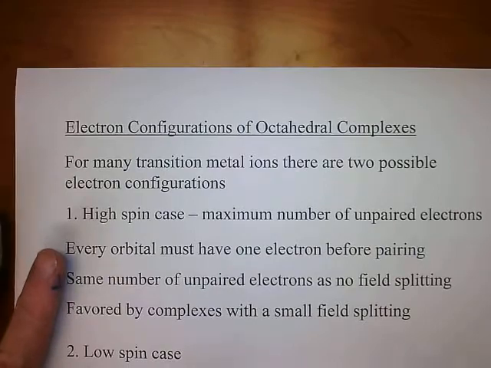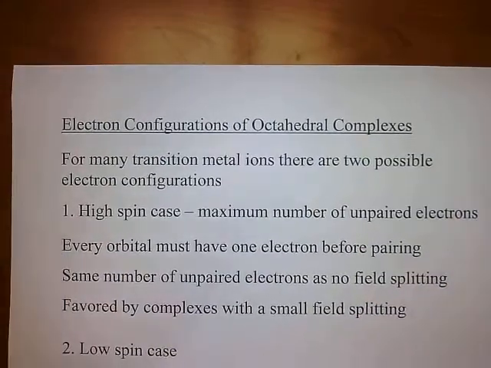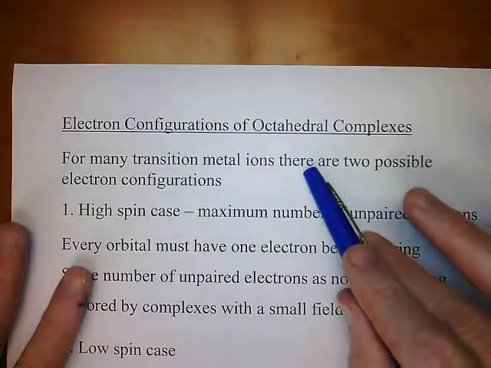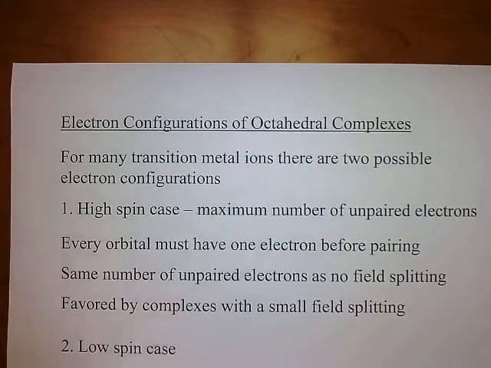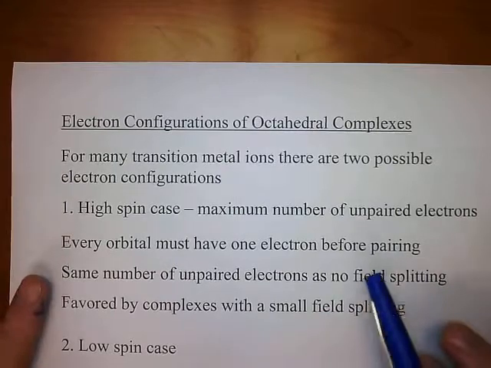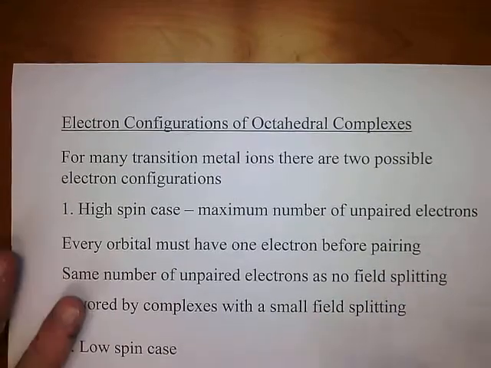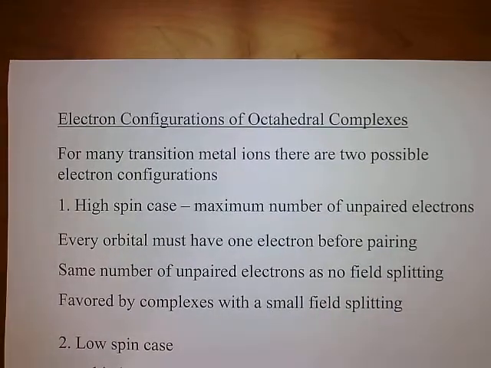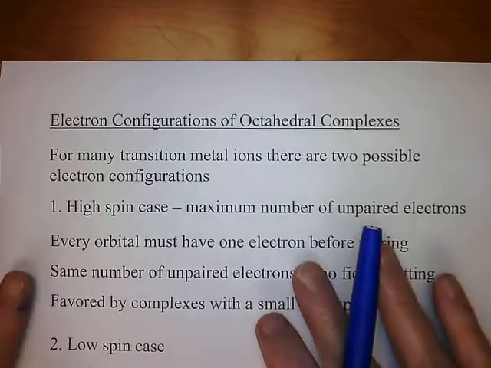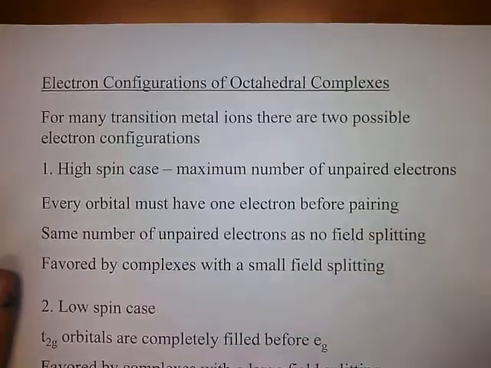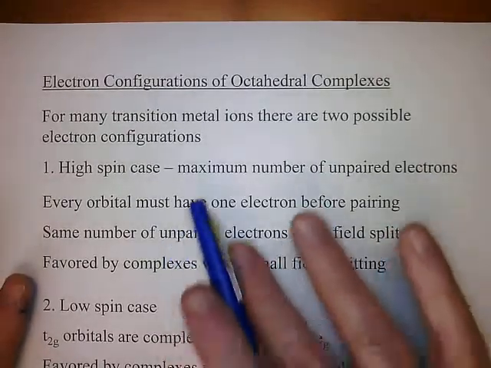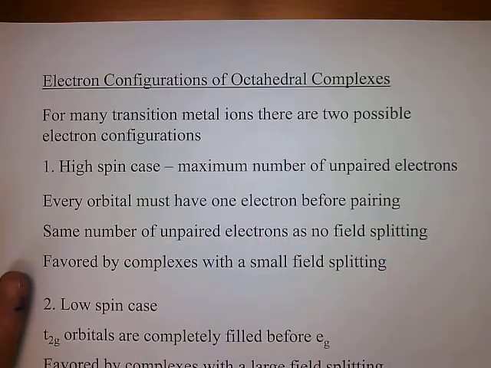So it turns out then that for many of these ions you can write two possible electron configurations. We have what we call the high spin case, and we have what we call the low spin case. The high spin case has the maximum number of unpaired electrons.